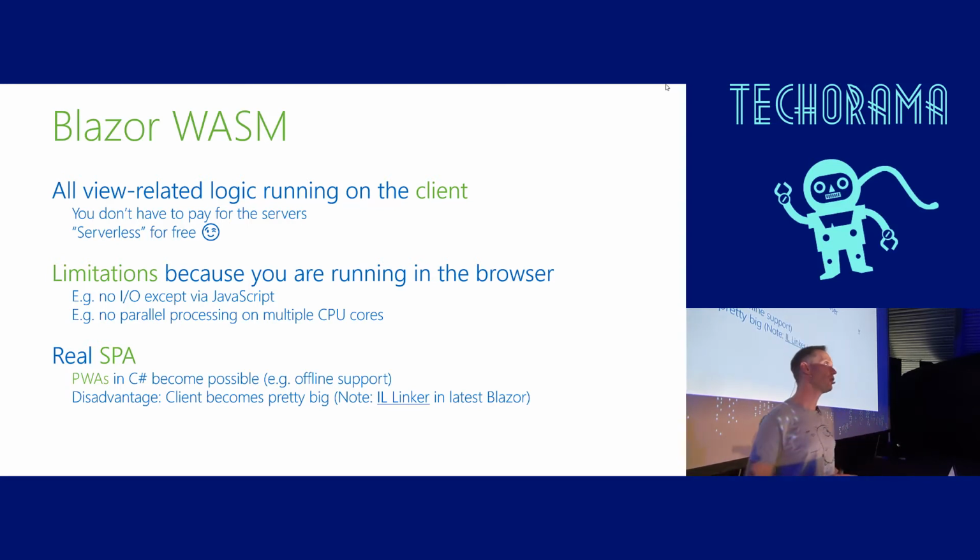In the latest version of the Blazor bits, the intermediate language linker runs over the whole DLLs and removes unnecessary code, unnecessary assemblies, so the code becomes a little bit smaller. But still, we are talking about, for a hello world application, about megabytes. Of course, you can reduce the pain by compressing the response from the server to the client, but still, we are not talking about bytes or kilobytes, we are talking about the megabyte range that we are downloading. Okay? The compressed version. Good.